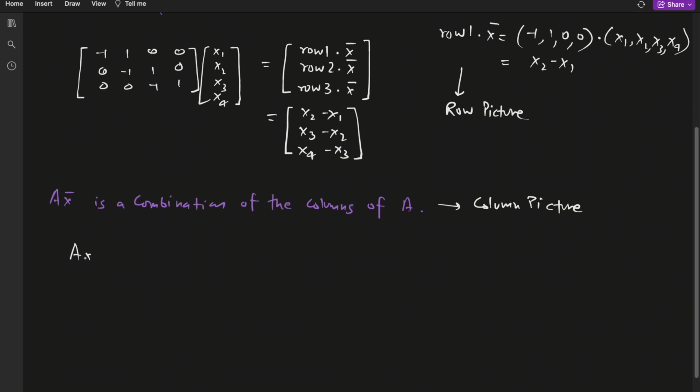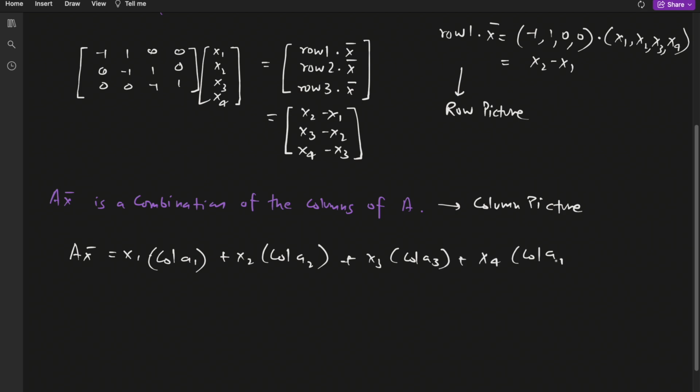So AX is nothing but x1 times column A1 plus x2 times column A2 plus x3 times column A3 plus x4 times column A4.